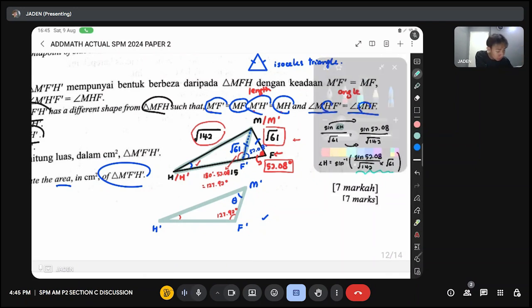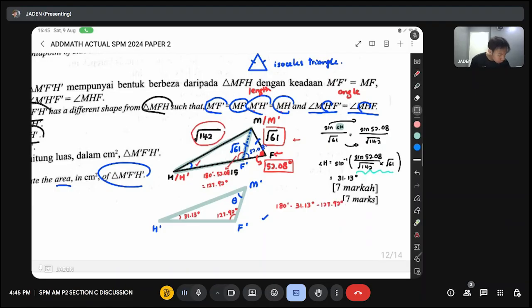So you're going to end up with the actual angle for H, which, let me double check here, I think you should get 31.13. So the angle here is 31.13. That's how it works. Now we already have the angle H. We also have the F prime angle. So what we do next is take 180, take away 31.13, and also take away 127.92.